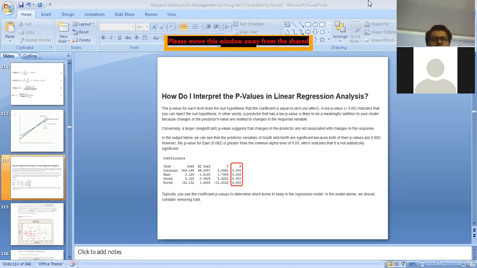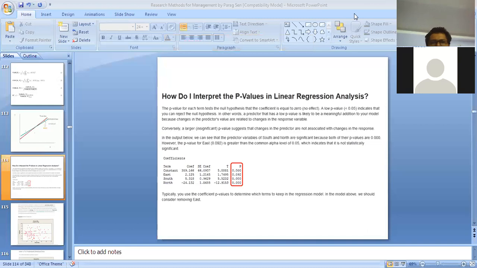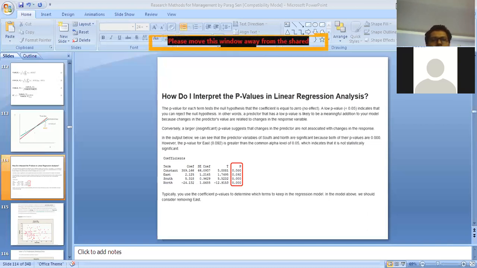Suppose it is the force, it is your output variable, and your input variables are, for example, speed, feed, and depth of cut. So that means they are actually the independent variables.